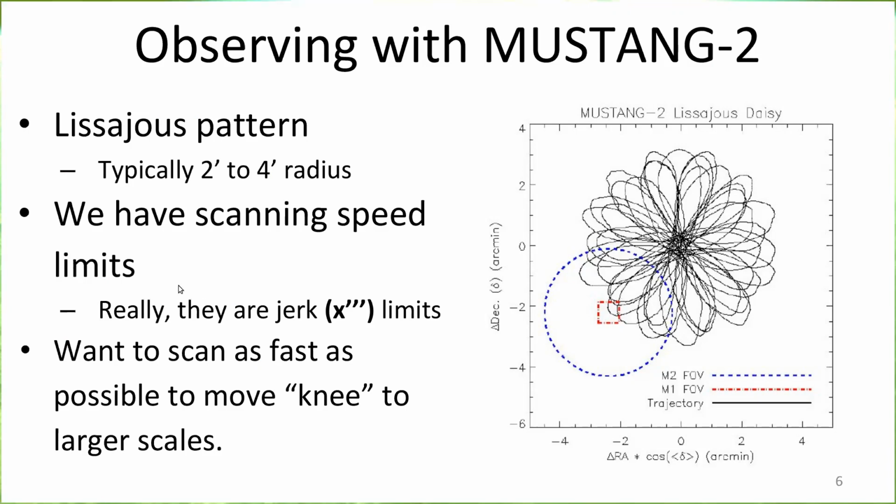And then a bit of an aside from just the scales that we cover, we also generally would like to scan fast. That just helps with atmospheric noise, but there are limitations of the structural integrity of the GBT, especially the feed arm.